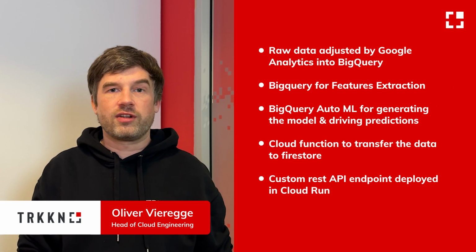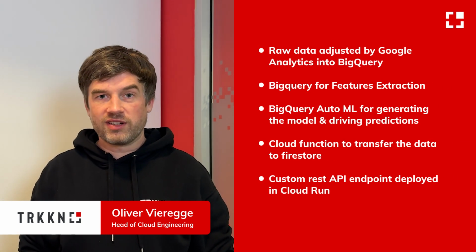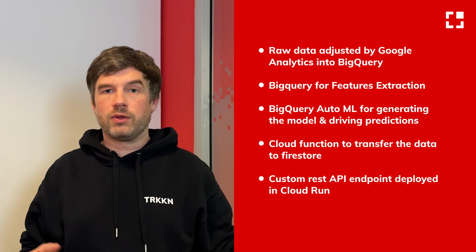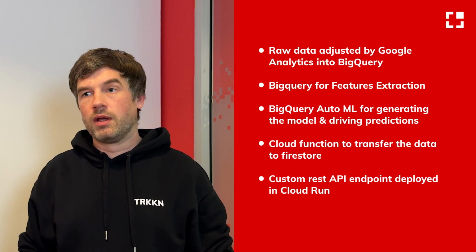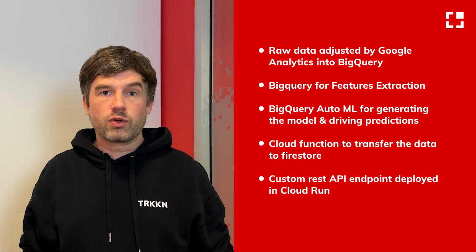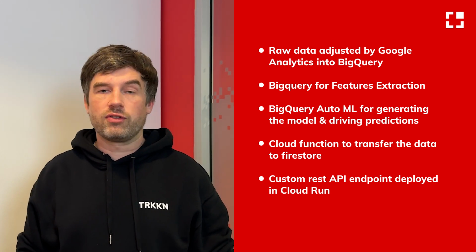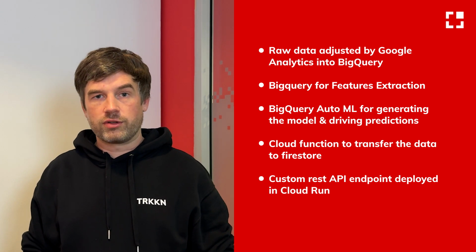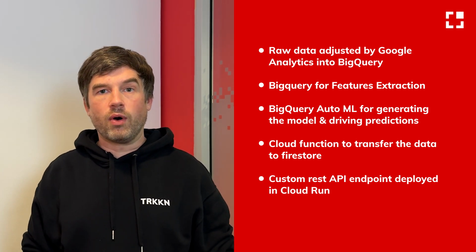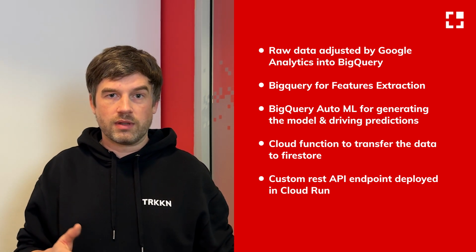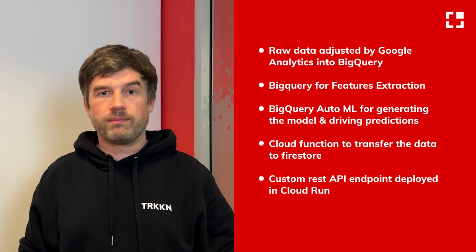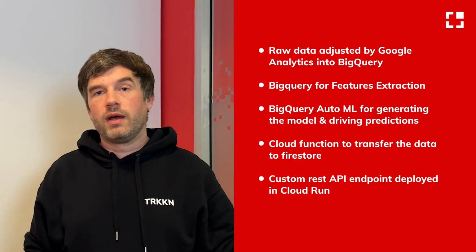We use quite a few services in Google Cloud. First of all, we had the raw data ingested by Google Analytics into BigQuery. Then we use BigQuery for feature extraction. Then BigQuery AutoML for the generation of the model and driving the predictions. Then we use Cloud Function to transfer the data over to Firestore to have like a key value-based database for storage.